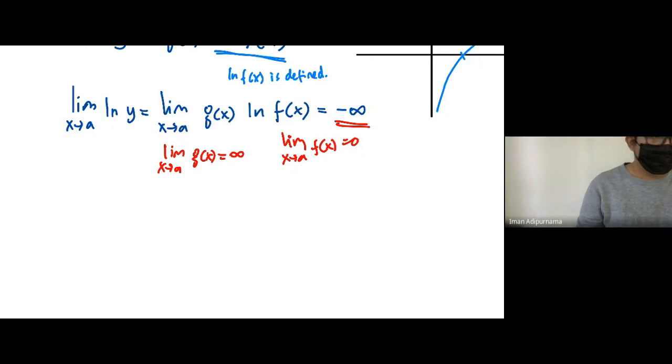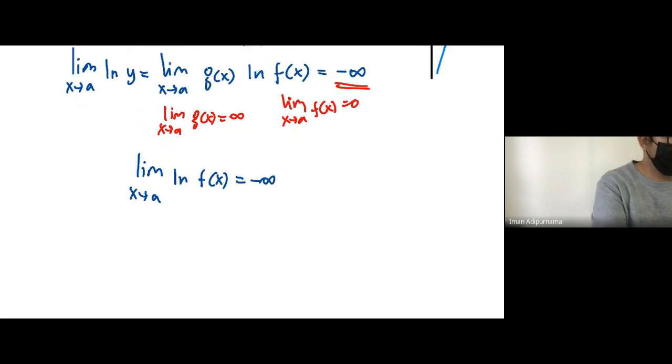Let me write the limit as x approaching a of ln f(x) is negative infinity. So if we take another variable, t, I think t is on y.